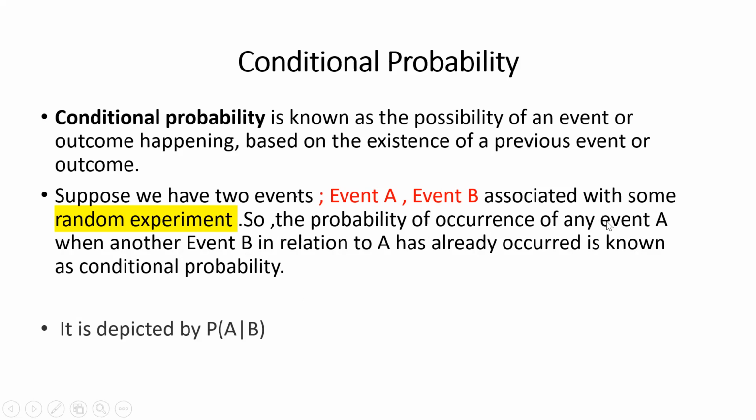If event A is in relation with event B, we have to find the probability of occurrence of event A, where we will have knowledge about event B. It is depicted by probability of A given B, or we can also say it as the probability of occurrence of A when B has already occurred, right?